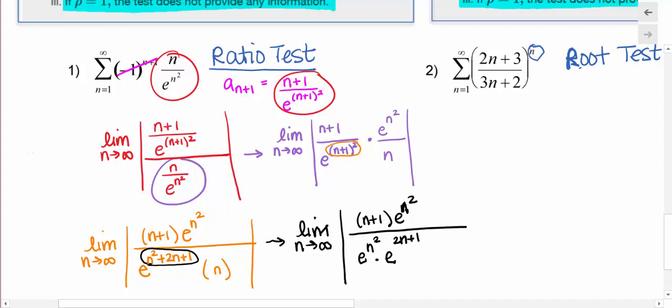I could break them out into 3 separate terms, or because I can see eventually these e to the n squareds will divide to 1, I can just leave it like so. It's up to you.